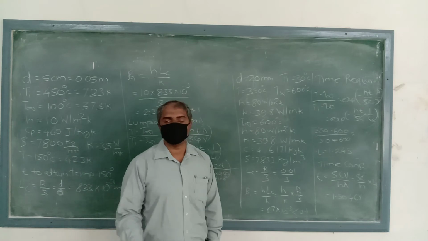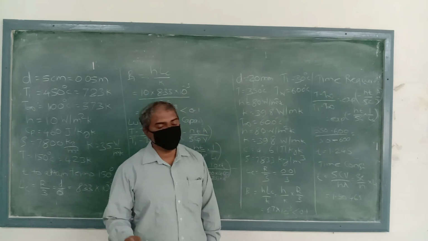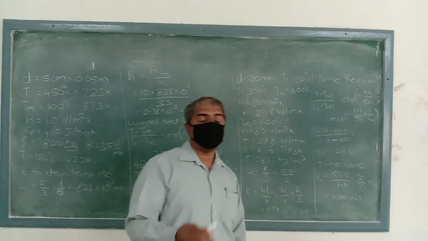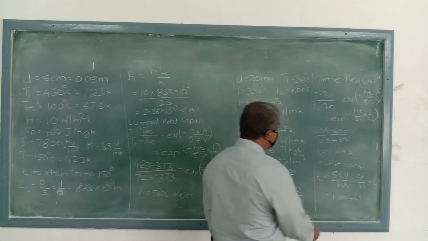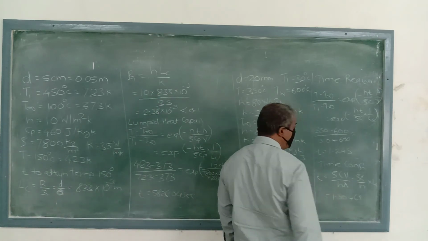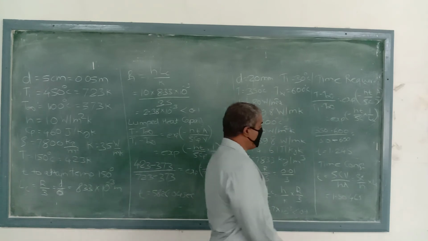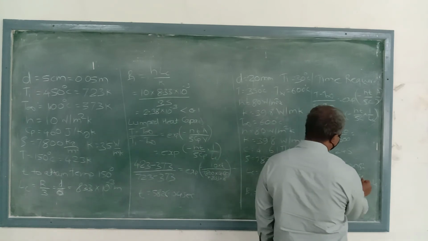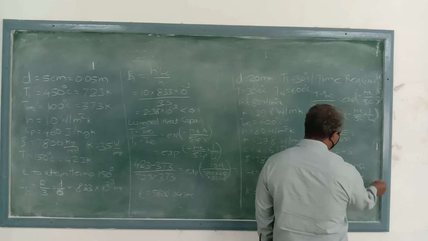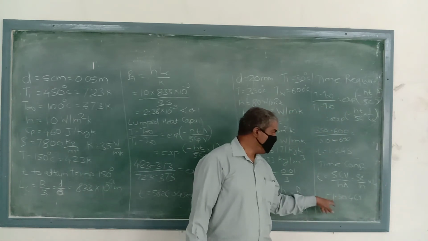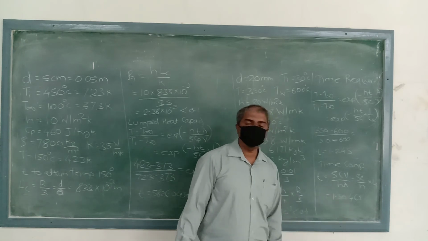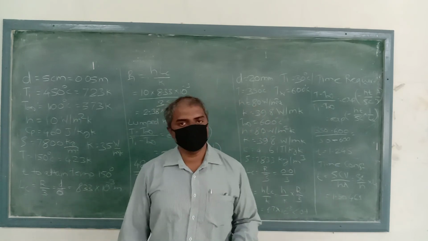The second unknown we have found, and the third unknown they are asking you to calculate is the time constant. The time constant tau is equal to rho Cv upon hA. Substituting, it becomes rho C Lc upon h. So the time constant becomes 1.50465.